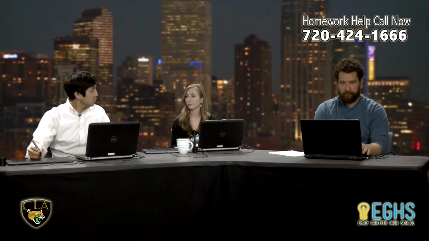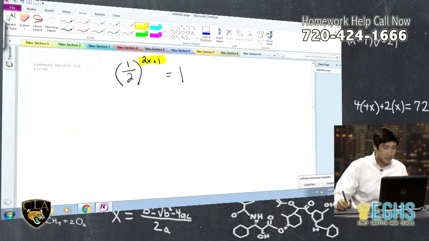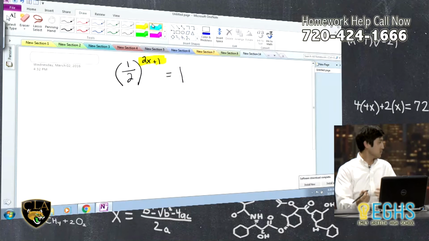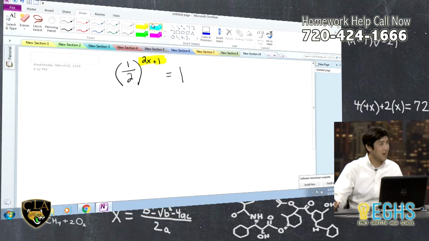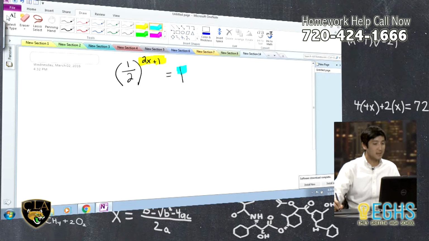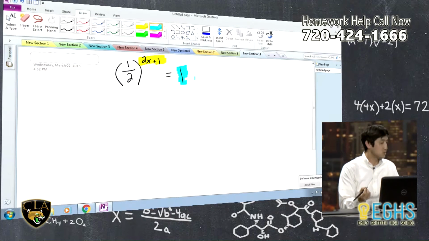Can I throw out one more way that it would only work in this case? Sure. Obviously, the way that you did it would work every time. Yes. But I just rewrote this up here because I actually worked it out the exact same way you did, and then when I was plugging in my answer, because it's fun, I thought of this: if you remember, anything to the power of zero is equal to 1. If you remember a lot of different properties in math, you can make problems a lot shorter.